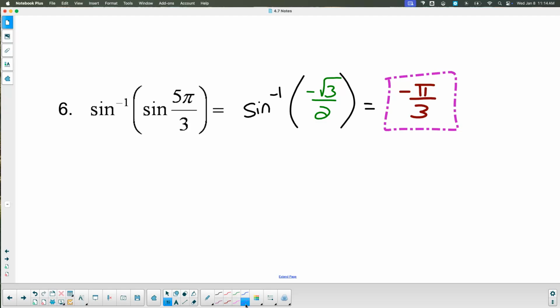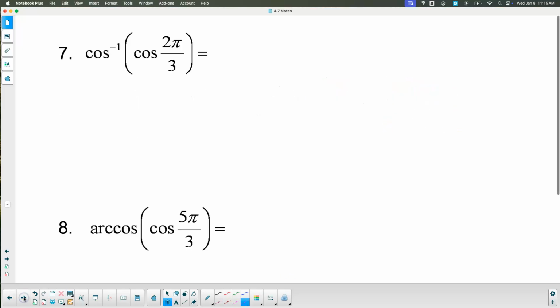Quadrant 4 angles are the ones where things don't necessarily work. Try those two.